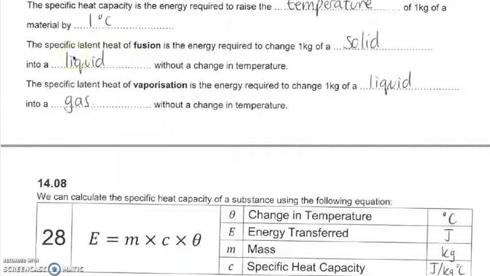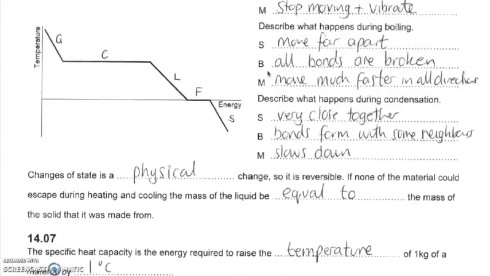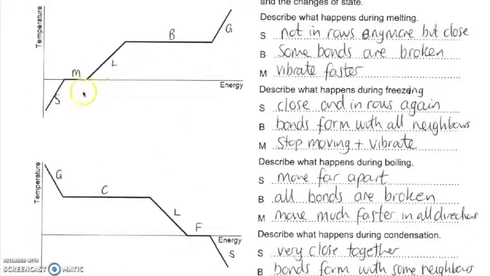Okay, so let's now talk about the specific latent heat. So you also need to know this definition for your exam, okay? Specifically, the specific latent heat of fusion is the energy required to change 1 kilogram of a solid into a liquid, okay, without the temperature being changed. So in this case, this is going to be the specific latent heat of fusion for this solid substance here.